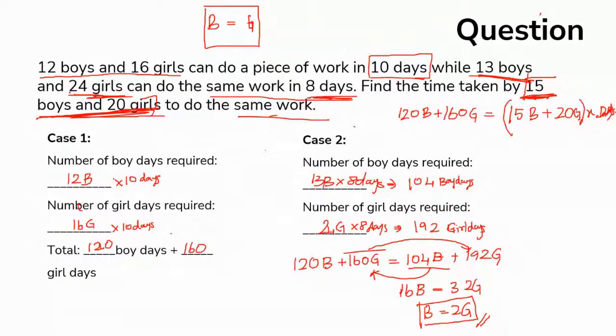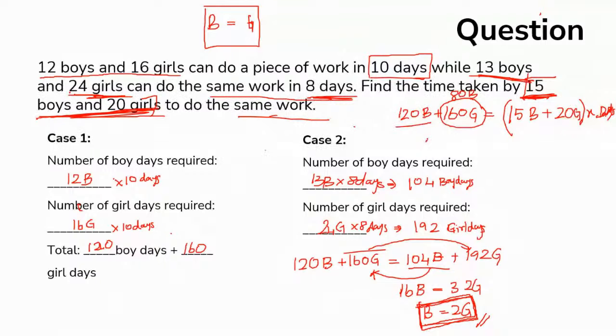In such cases, what we do is convert everything in terms of boys or everything in terms of girls using this equation: one boy is equal to two girls. So if I convert it, 160 girls are here. Two girls is equal to one boy, so it is going to be 80 boys, 80 more boys.